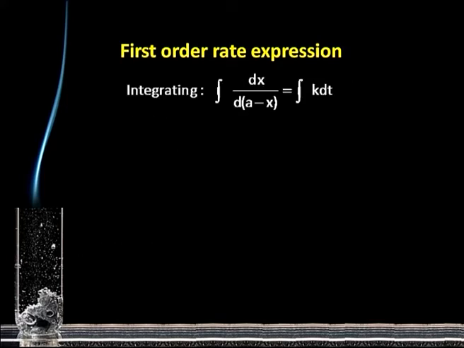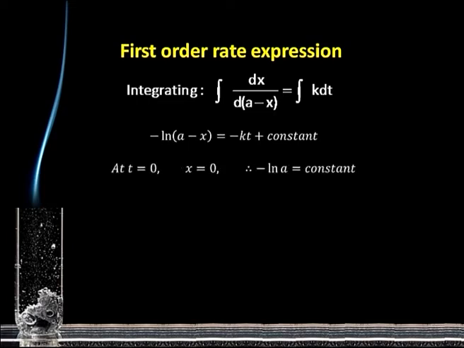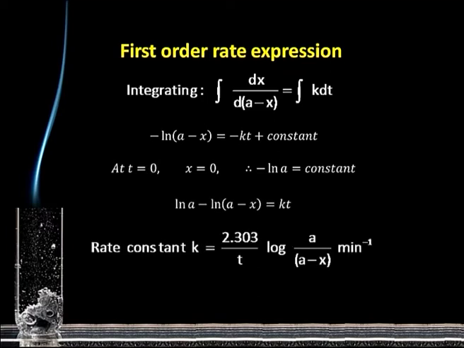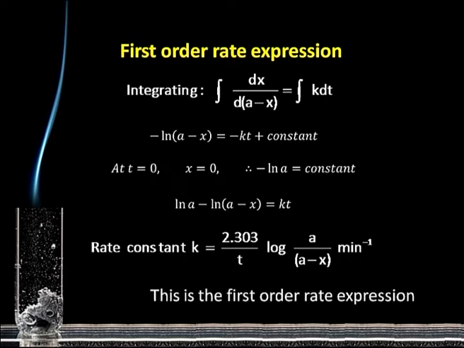Integration will ultimately lead to first evaluation of the integration constant, and then we get the final equation, the integrated form: k is equal to 2.303 by t into log A upon (A minus x). The unit works out to be time inverse. Generally we use minute inverse, and this is the first order rate expression.